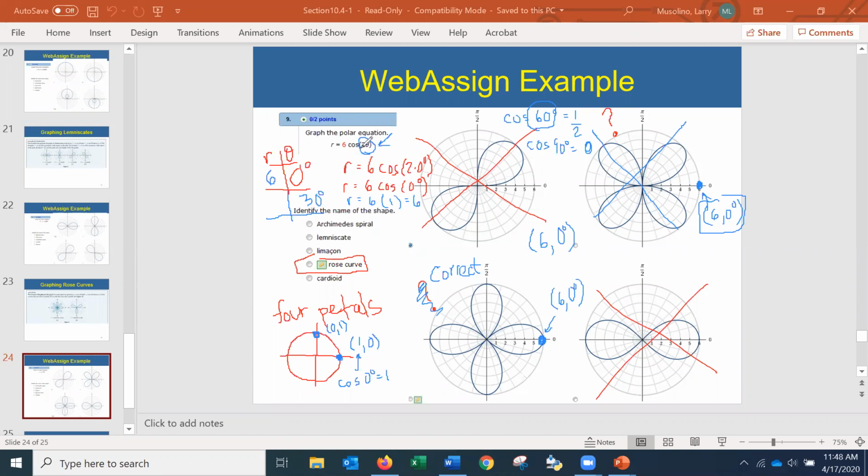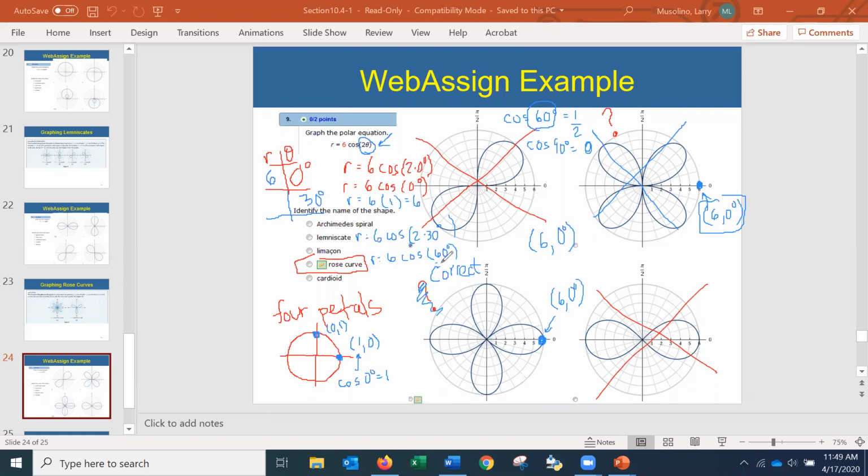Because remember, I'm going to take 2 times theta. So let me write here, r equals 6 times cosine of 2 times 30. Okay. Well, that's going to be r equals 6 times cosine 60 degrees.